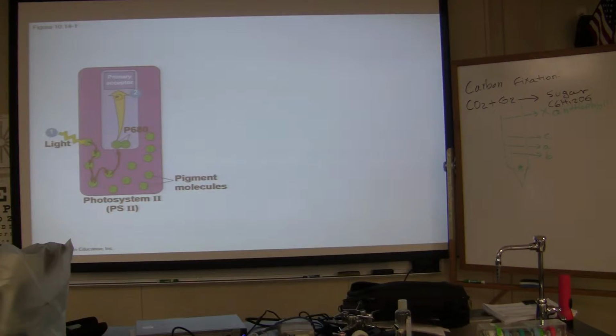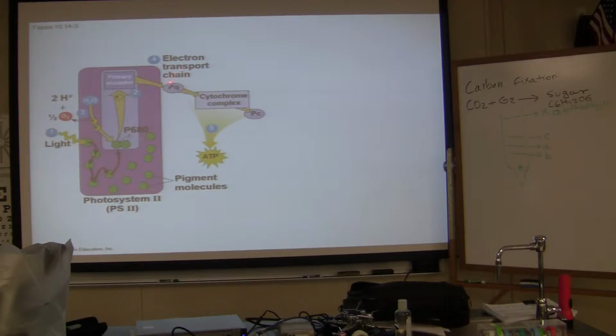Here again, light is coming into photosystem 2, stimulating some pigments, and those pigments make electrons, which go to primary acceptors. Water comes in and breaks down to oxygen, and those electrons again replenish those pigments.